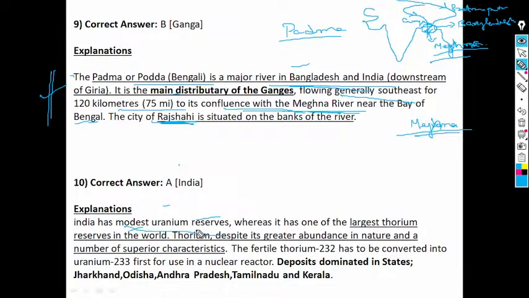India has modest uranium reserves, whereas it has one of the largest thorium reserves in the world.